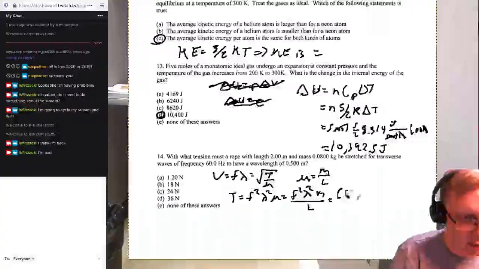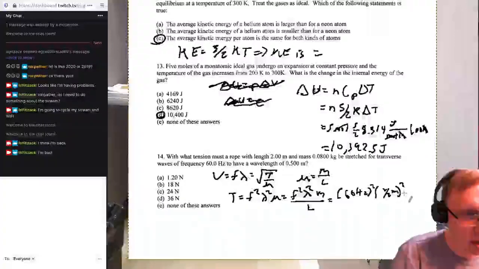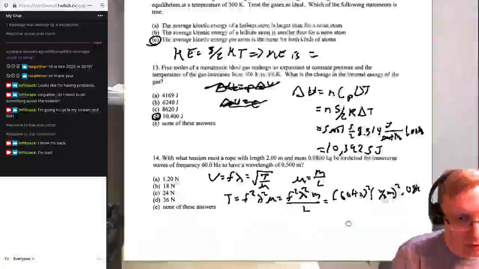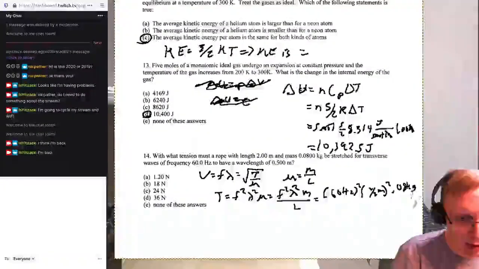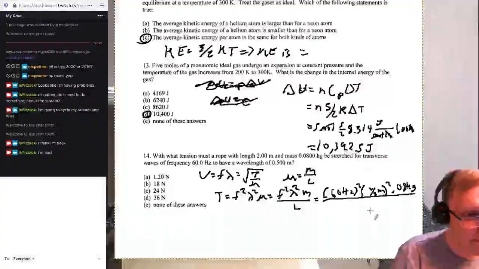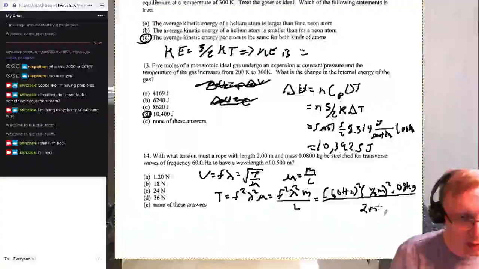So now we put in all the numbers. 60 hertz squared, length of 1/2 meter squared, mass of 0.08 kilograms divided by a length of 2 meters.